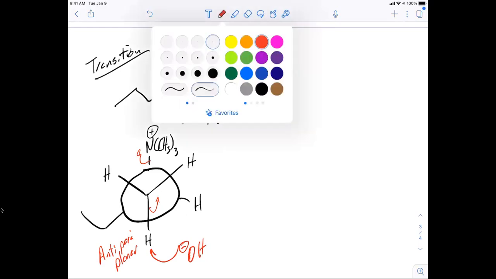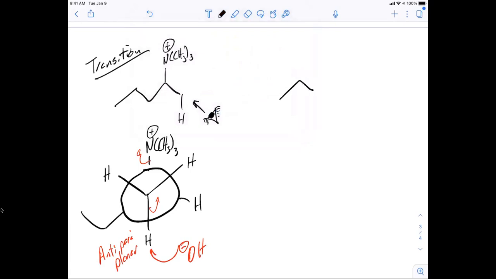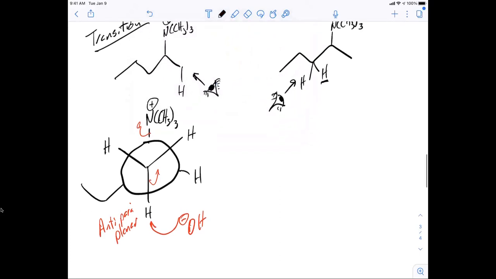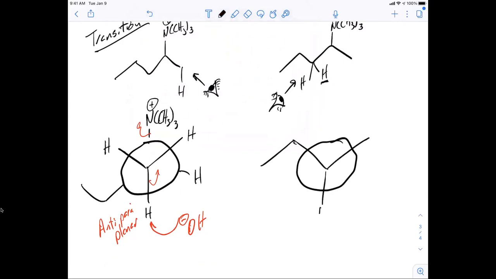If we look at the other possibility, one of these two hydrogens, so now we're looking this way. Now when we look at the Newman projection in the front here, I have my hydrogen.